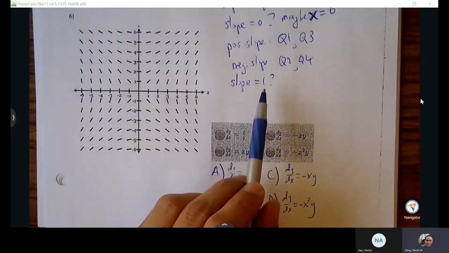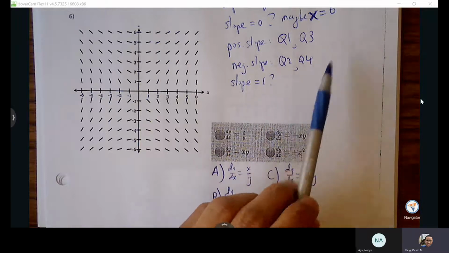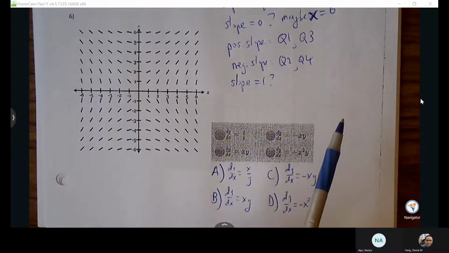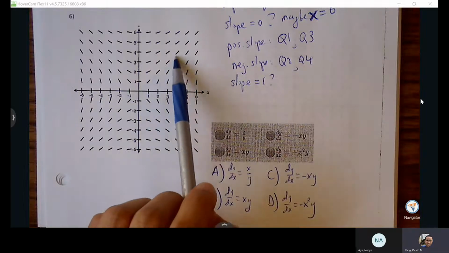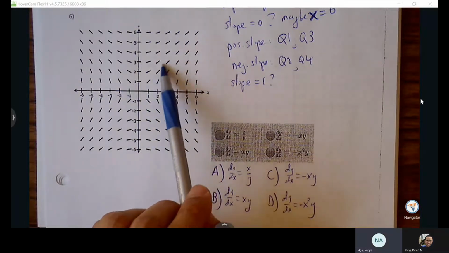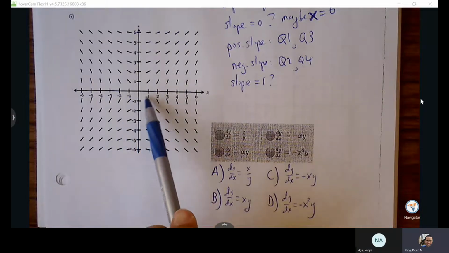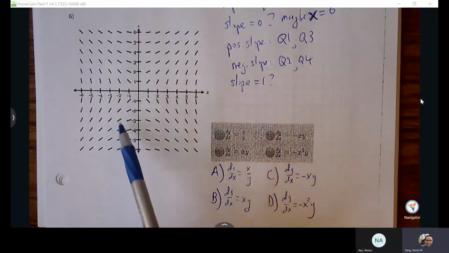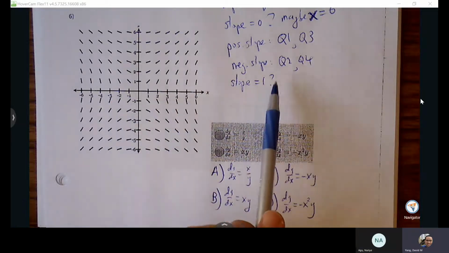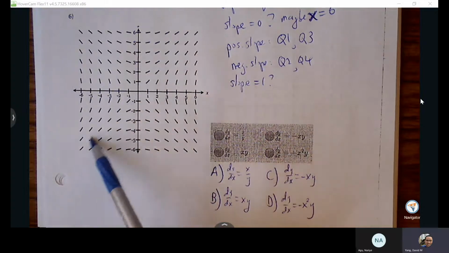Slope 1 is basically a slope that looks exactly like 45 degrees. You see that here? Yeah, I see it. See how those are perfectly diagonal? So that means that 1, 1, 2, 2, 3, 3, 4, 4, 5, 5, negative 1, negative 1, negative 2. So all those are creating slope 1, right? So that's something that we can look at, right?